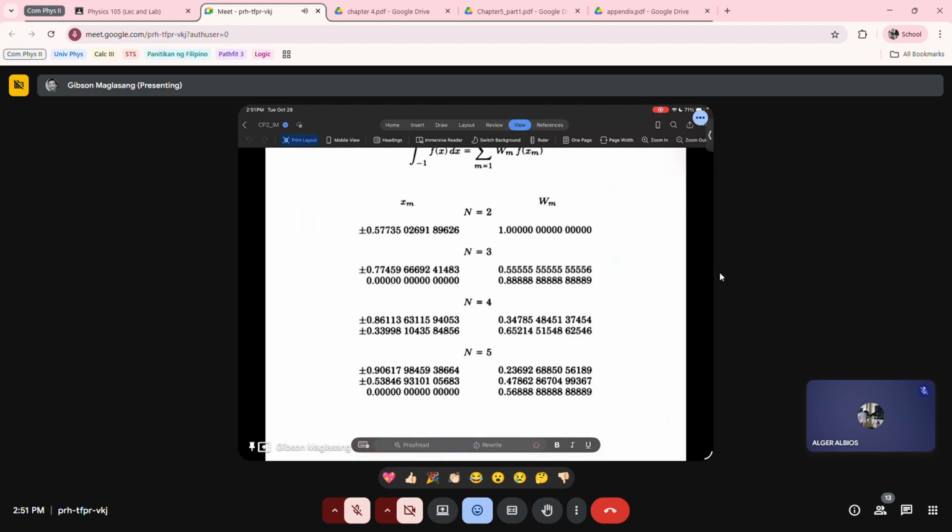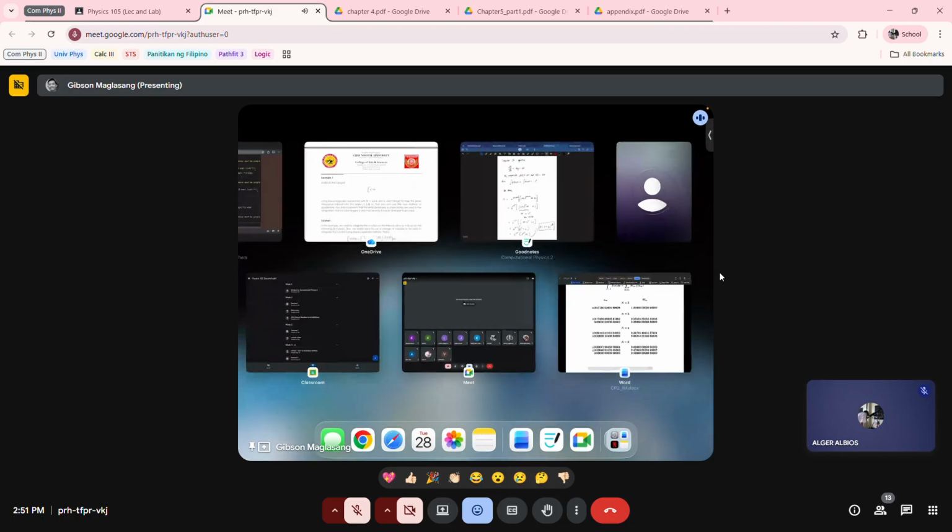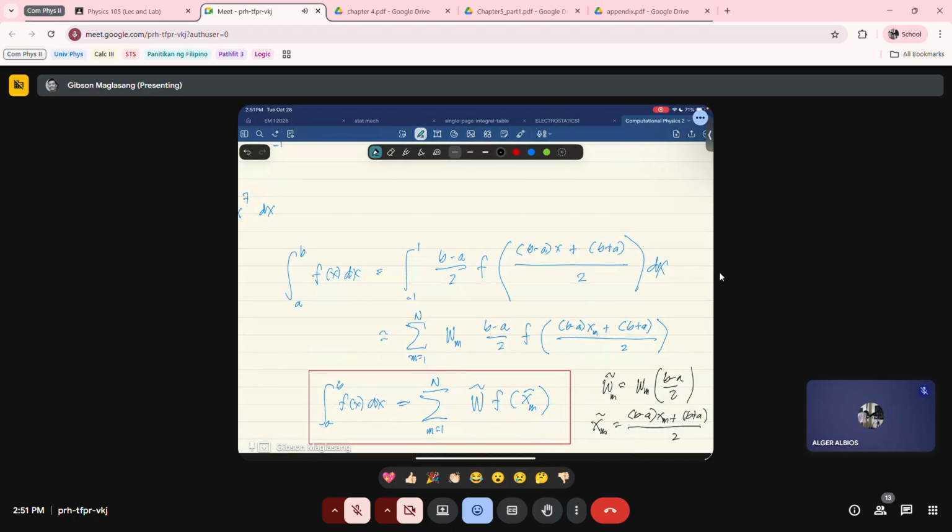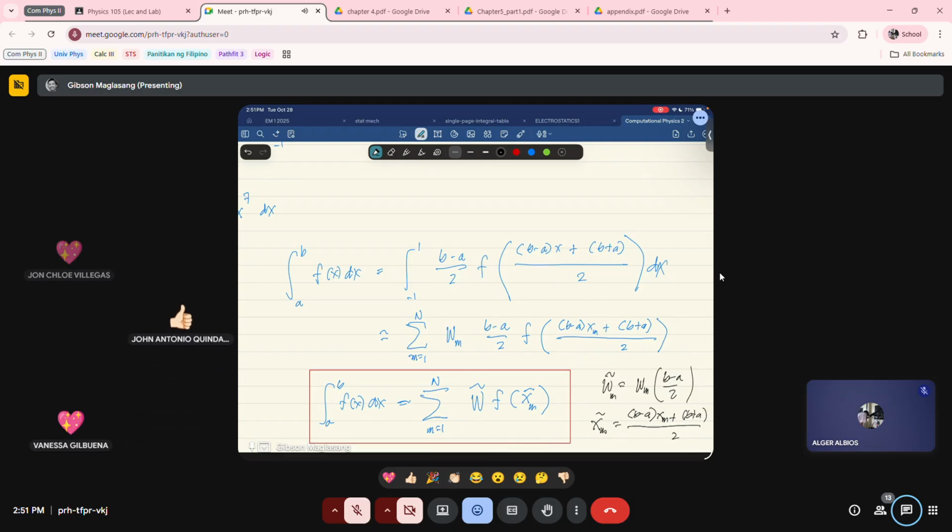The caveat is that the calculation is a bit longer, but not really, because you just have to replace the original x with x tilde and replace the w sub m with the w tilde. Okay? Are we clear? Okay, very good.